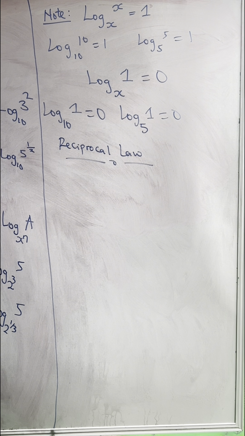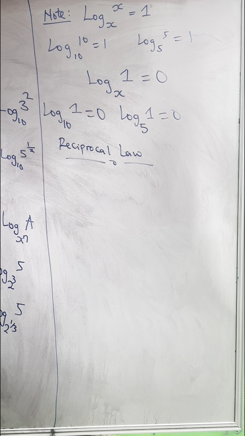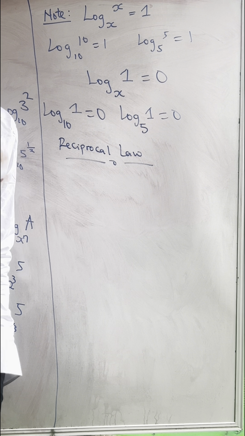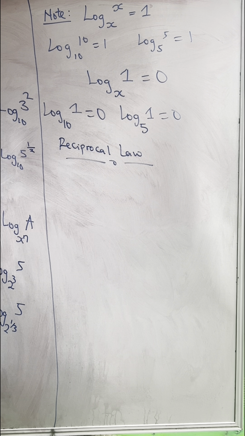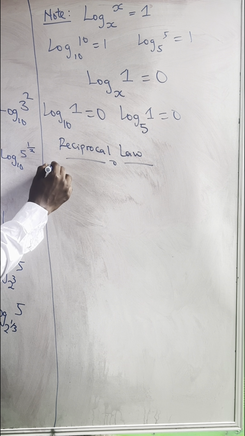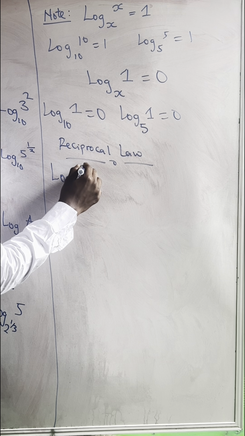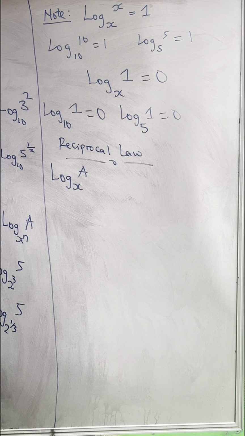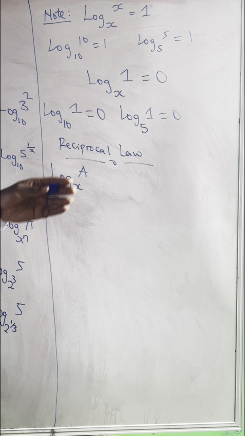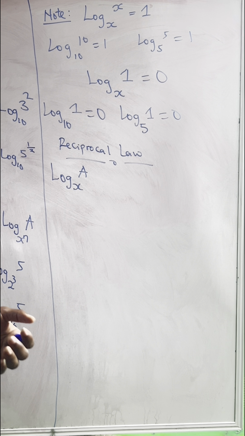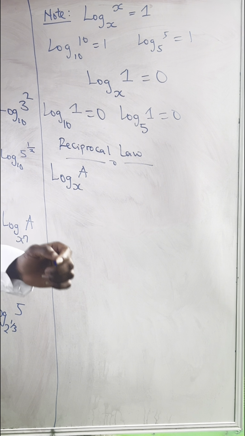So guys, let's look at the next law, the reciprocal law. What is the reciprocal law about? The reciprocal of 3 is 1 over 3. So for example, let's say I have my logarithm to be log A base x, and they asked me to use the reciprocal law for this. How am I going to use the reciprocal law? We all know that the reciprocal of this will be 1 over something, right?